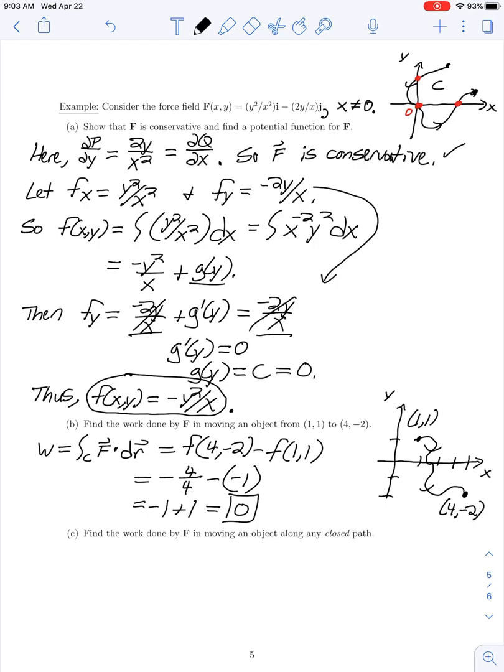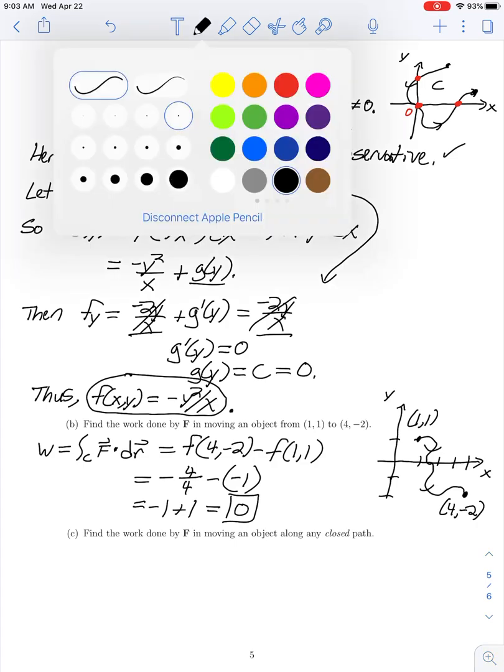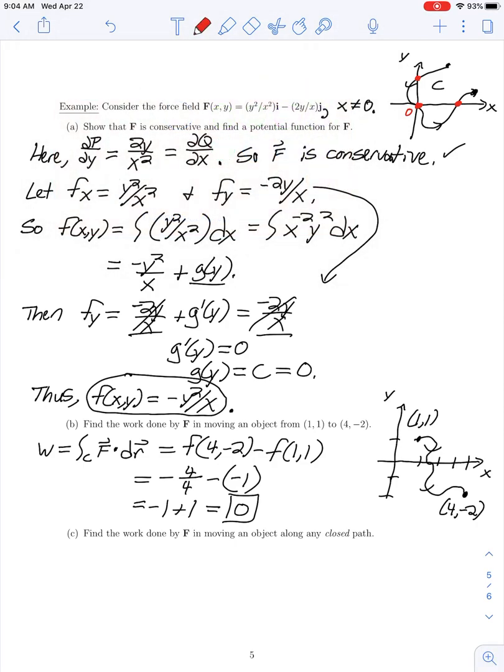So we might find it unusual here that the work done by this vector field is 0. Why would that be the case? Well, if we were to plot this vector field, we would find that for certain points in the plane, our force field is acting against the direction of motion of our object.